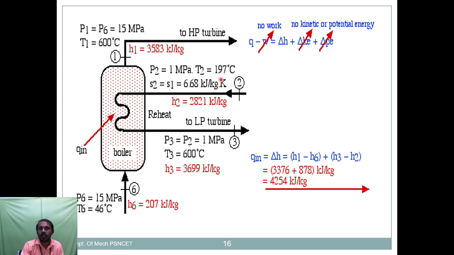That is, entropy is constant. Here pressure is constant. In the turbine entropy is constant. And for the condenser, pressure decreases, temperature decreases, and entropy decreases. So this is the condenser.